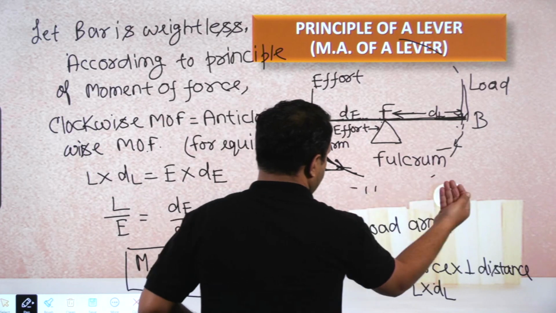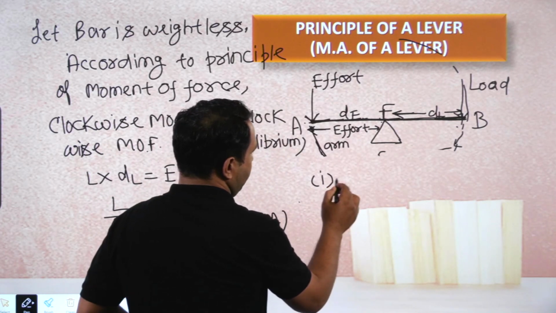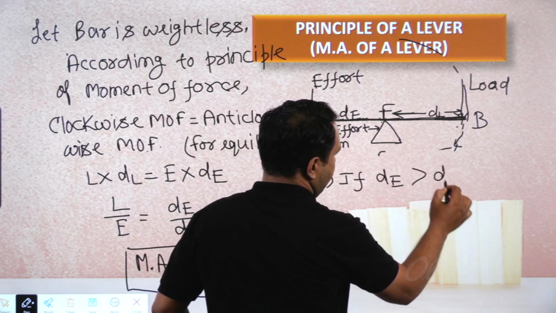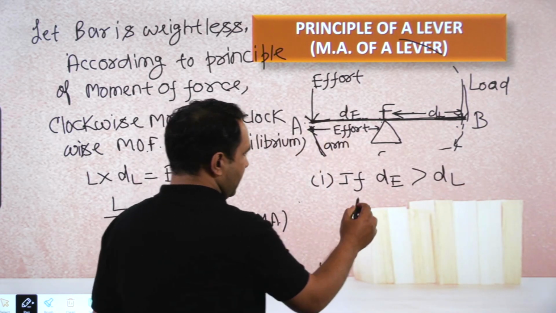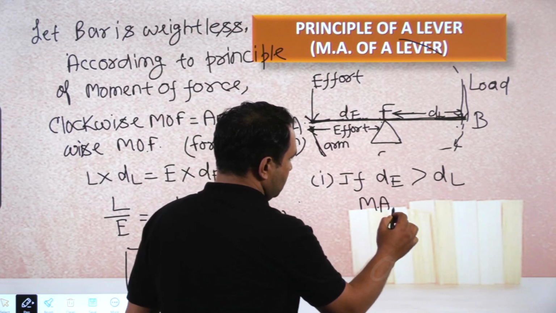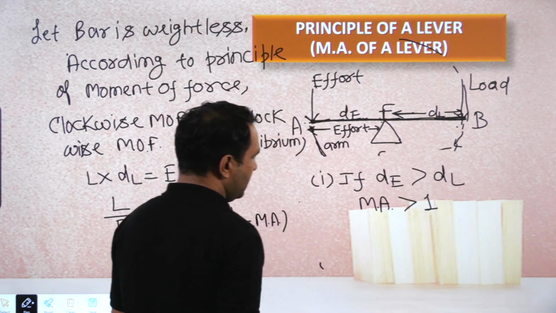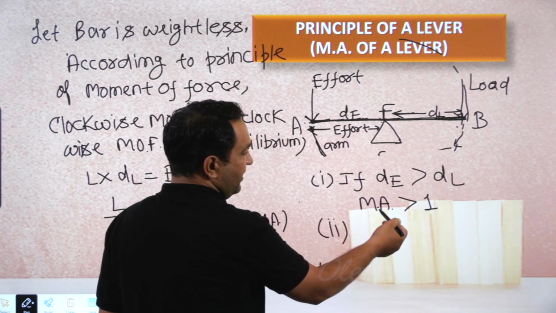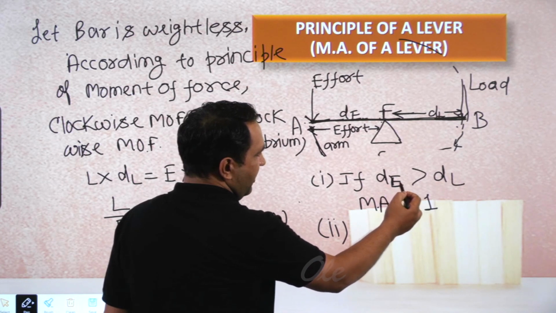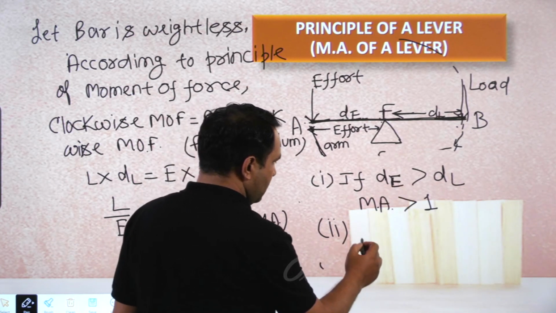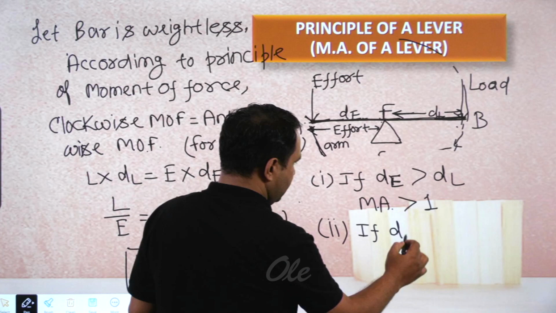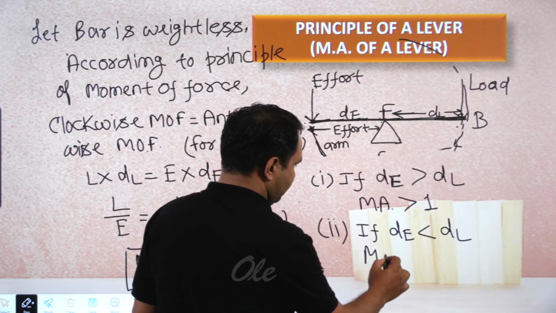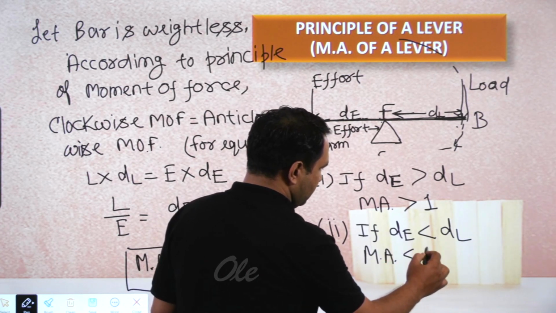Let's write it down. The first one: if dE is greater than dL, then mechanical advantage is greater than 1. Hence, to get the maximum mechanical advantage, we should keep the effort arm longer. Second, if dE is less than dL, then mechanical advantage will be less than 1.